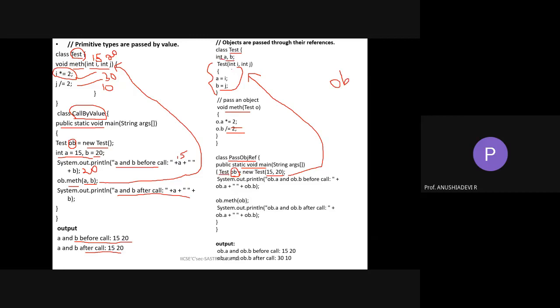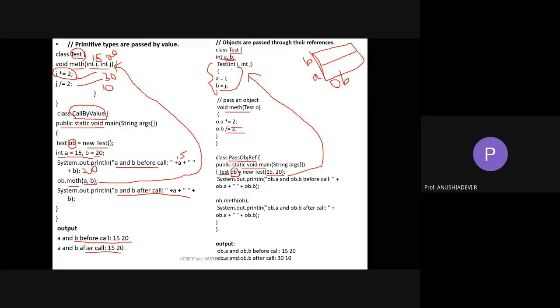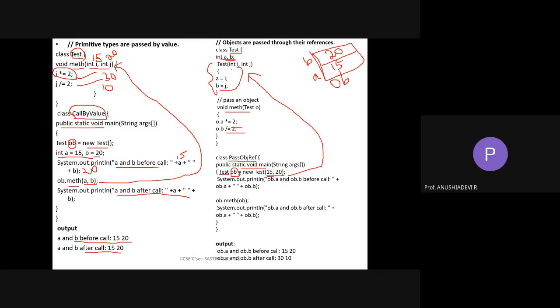So the Test class has 2 members, A and B. So now OB has 2 members, A and B. Now what does this value of A become? A becomes 15. OB.A value becomes 15. The constructor initialized A value as 15 and B value as 20. So now OB.A value is 15, OB.B value is 20.